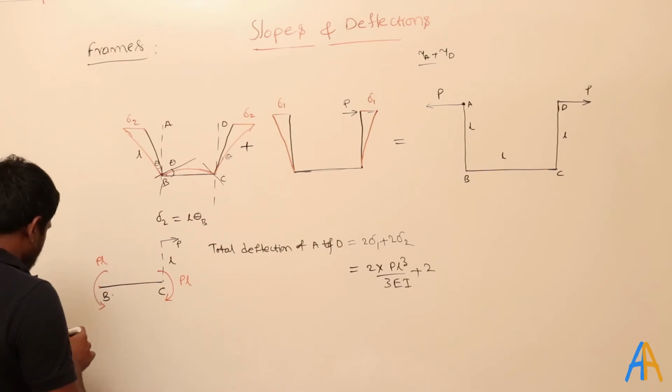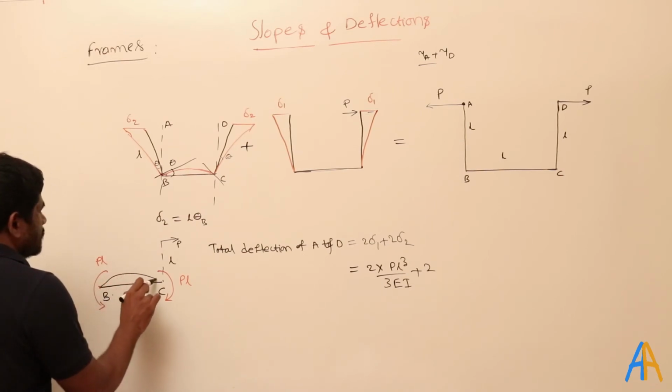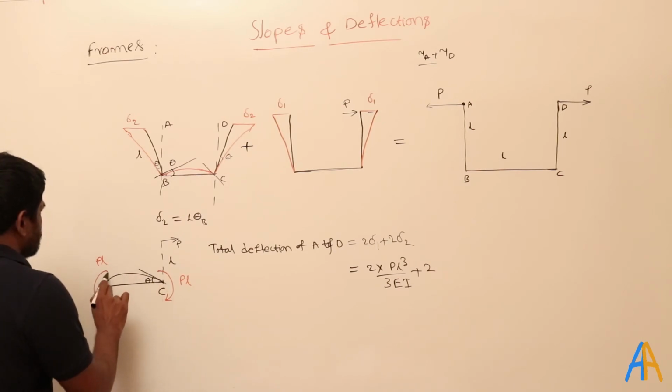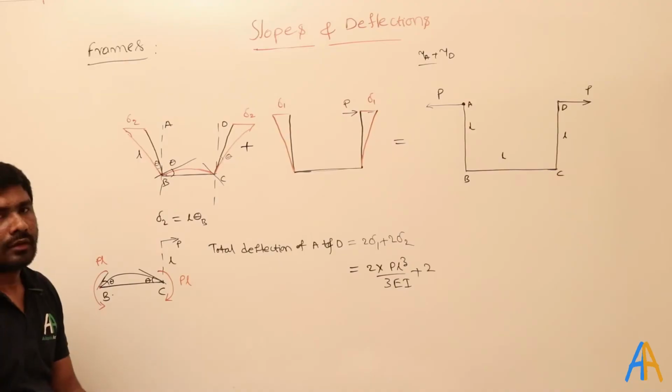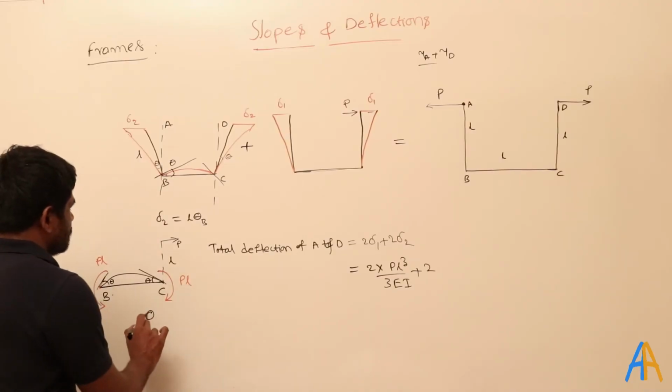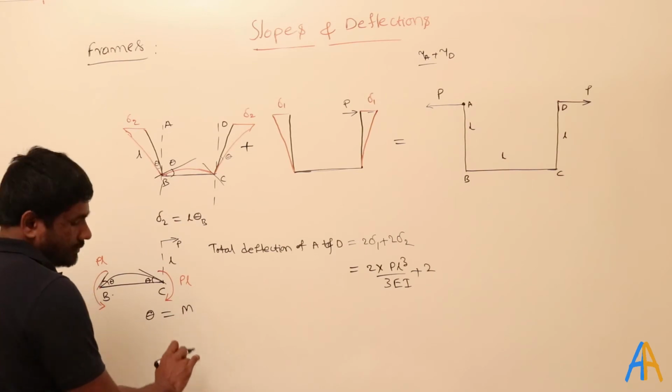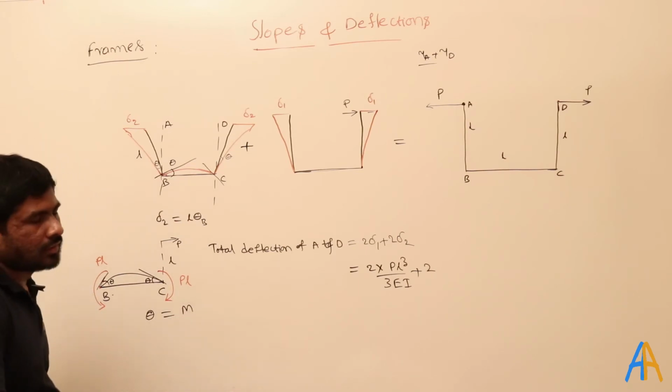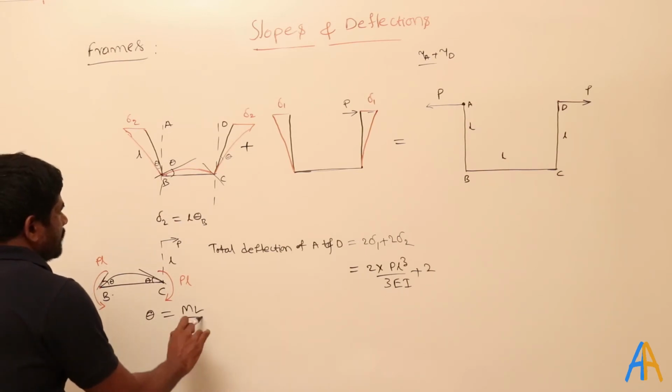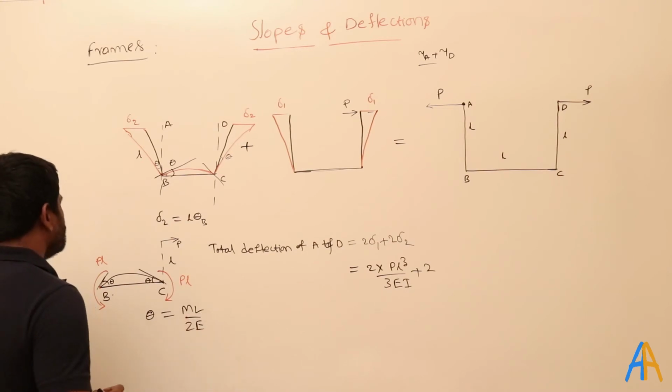Because of these moments, there is this deflection, and we need to find out theta. If you find it, the theta value will become ML divided by 2EI. How will you find out this theta?